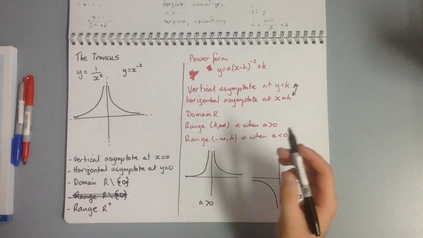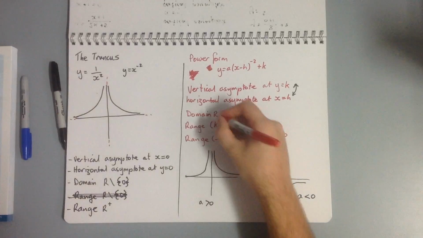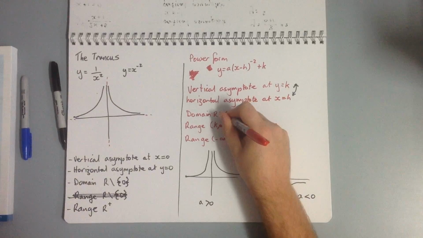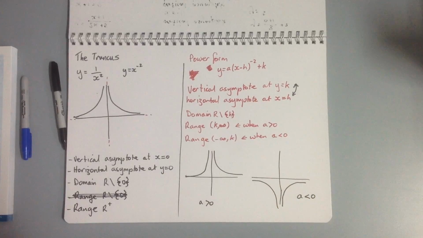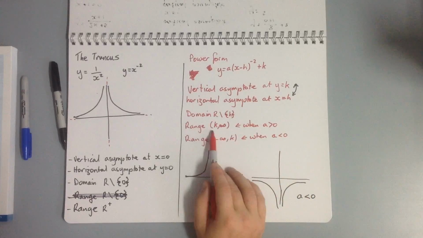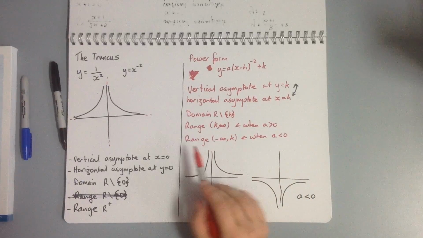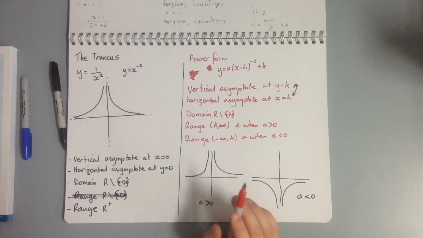Our domain will be all real numbers excluding our h value. And when a is bigger than 0, the range is going to be from k to infinity. And when a is less than 0, the range is going to be from negative infinity to k.